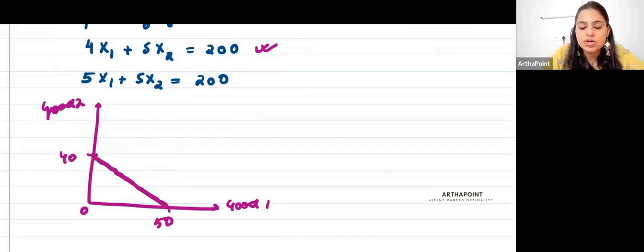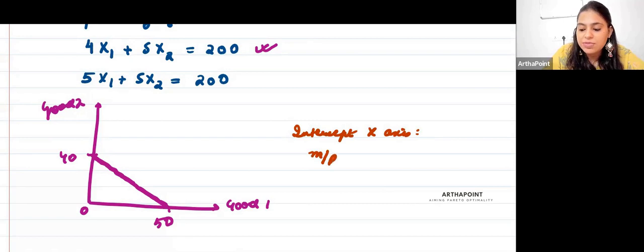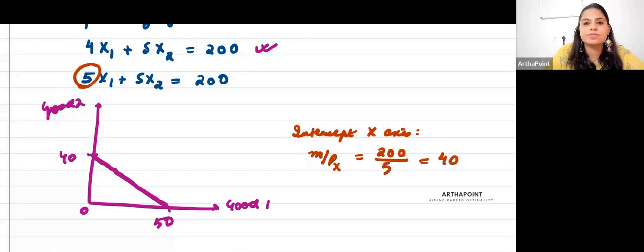Now what will be your budget line? Notice that if I find the intercept on my x-axis, it will be m by px. Income is same, but price has now increased to 5, so it will be 40. So I will have an intercept here.